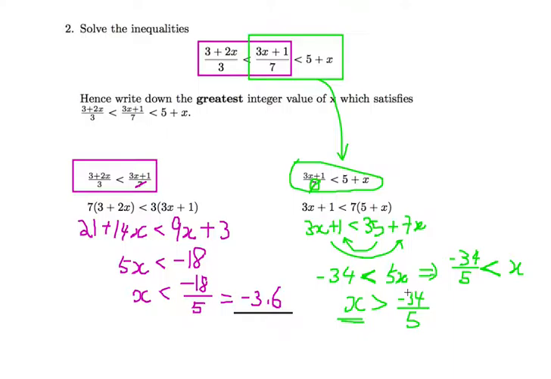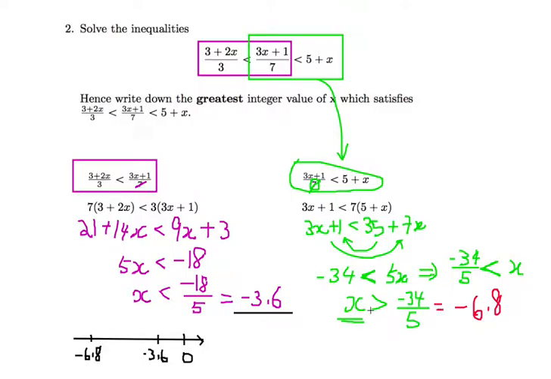So these are two answers, but that's not it yet. As you can see, minus 34 divided by 5 is minus 6.8. So if you think about it on the number line, for instance, we have 0, minus 3.6, and remember minus 3.6 is bigger than minus 6.8.